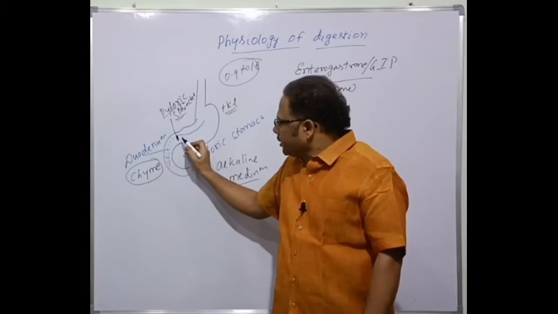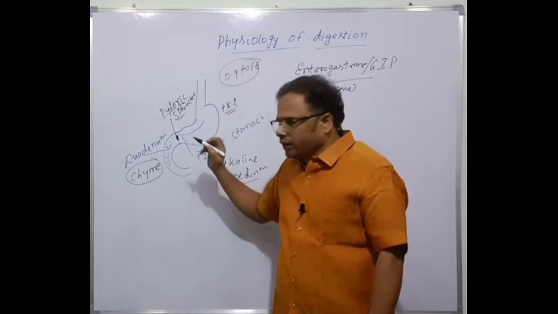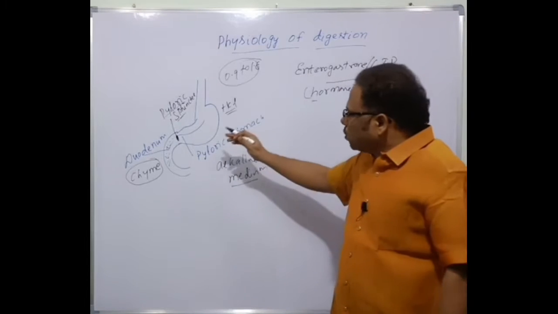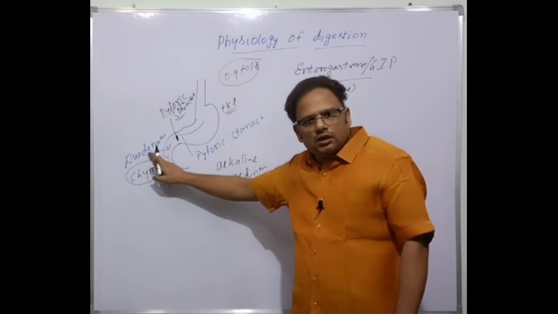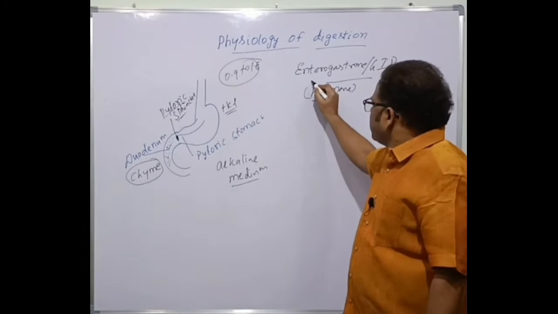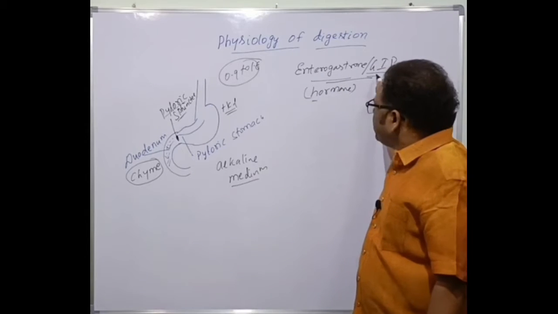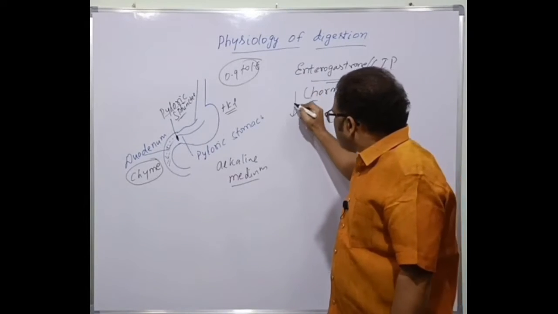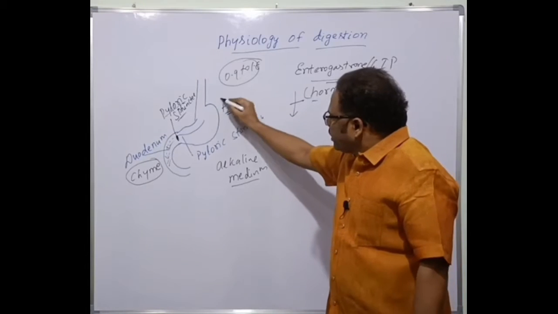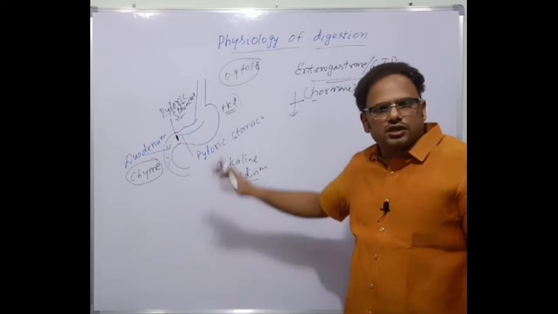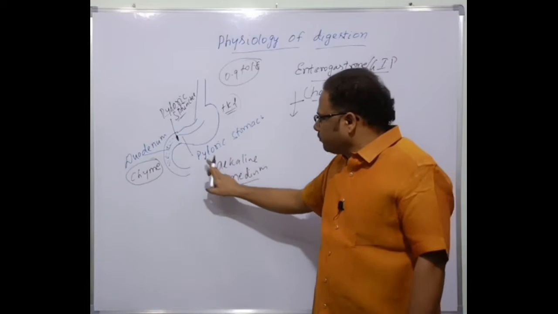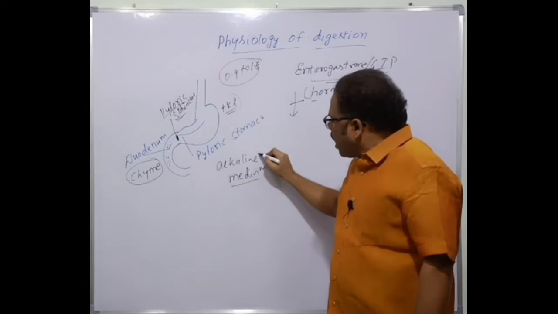When the partially digested food is present in the duodenum, the duodenal epithelial cells instantly release the hormone called enterogastrone, or gastric inhibitory peptide, which stops the influence of the HCl and acidic contents here, because enzymes of the duodenum are activated only under the alkaline medium.